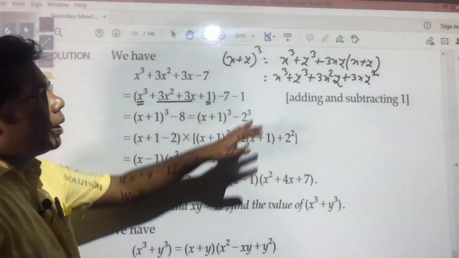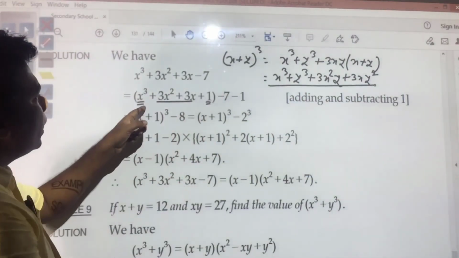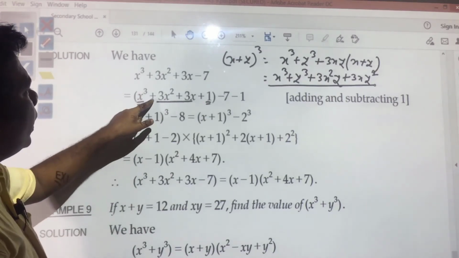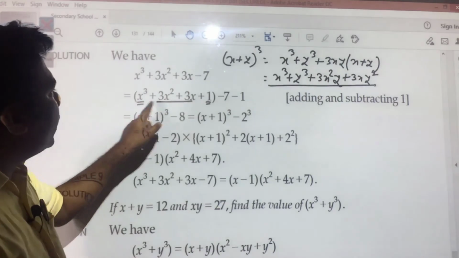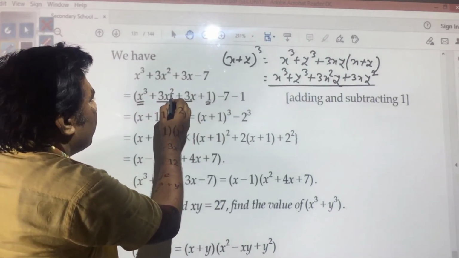In this way also we can write. So if you write in this way, you can see this is in the formula, x plus 1 whole cube, x cube plus 3x square y. In place of y, what do you have? 1.